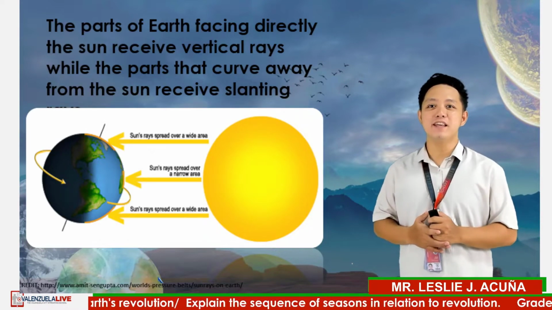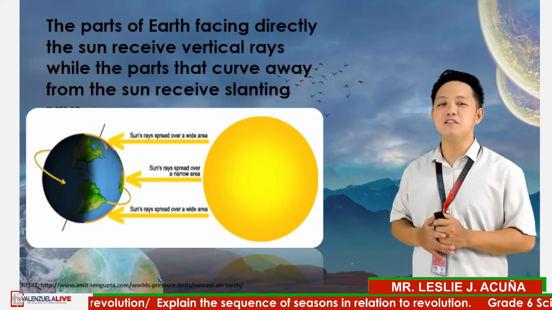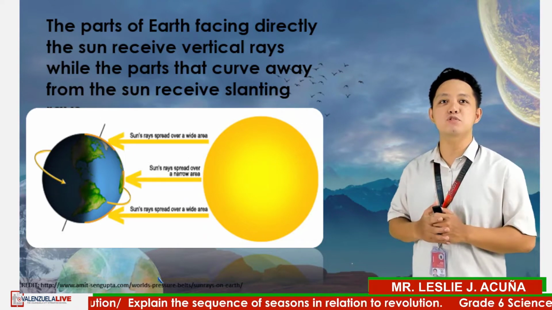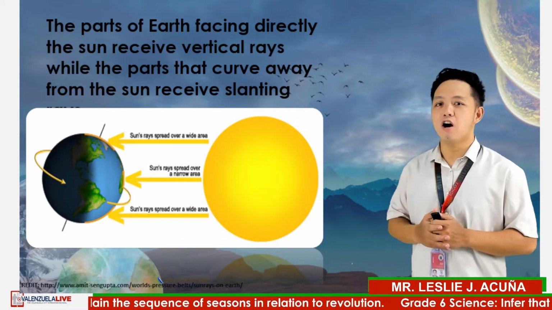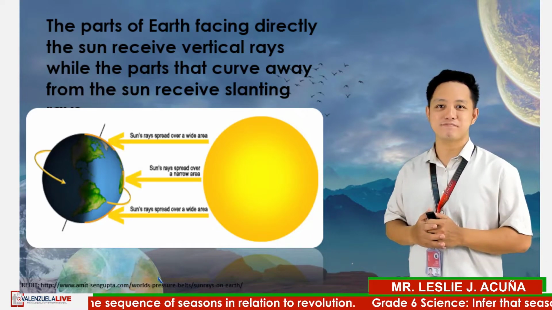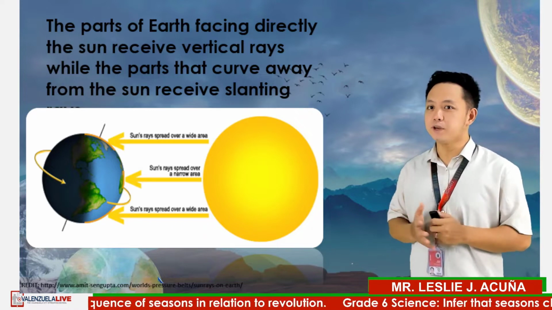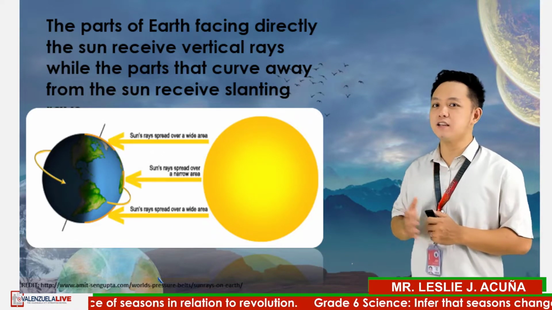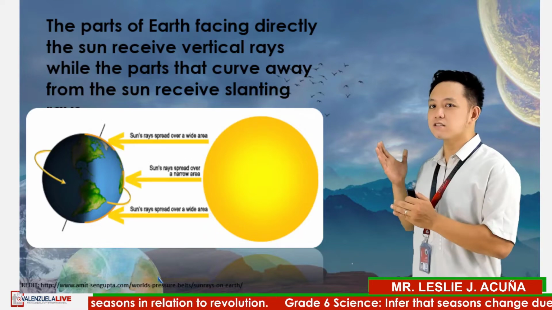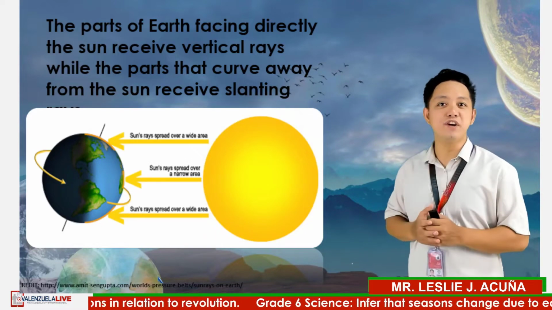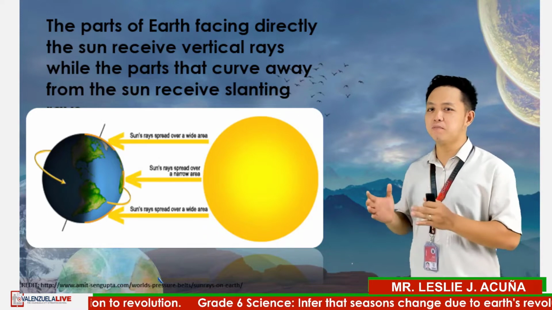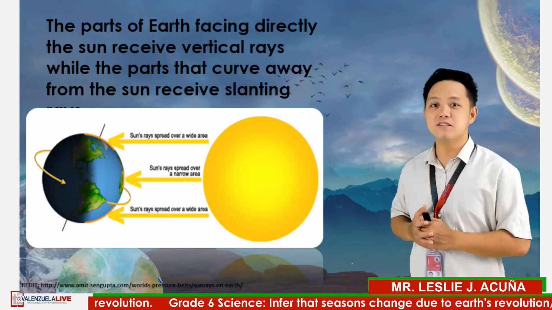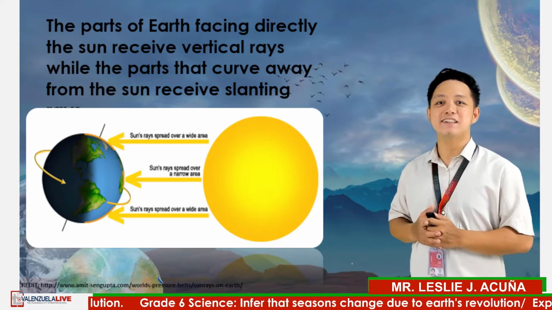Earth's rotation and revolution result in different amounts of solar energy received by different parts of the world. The part of Earth facing directly the sun receives vertical rays, while the parts that curve away from the sun receive slanting rays.